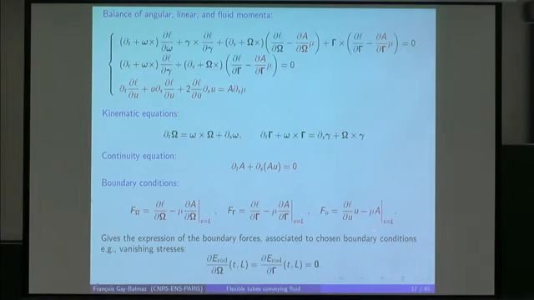So that's something that is hard in general to compute. But here the variational principle directly gives me what these forces are. So if you choose some boundary condition for the free end of the tube, for example, vanishing stress, zero traction on the boundaries, you insert them in this expression. Here they are abstract, but you can just replace, and you get the force acting on the free extremity of the tube.